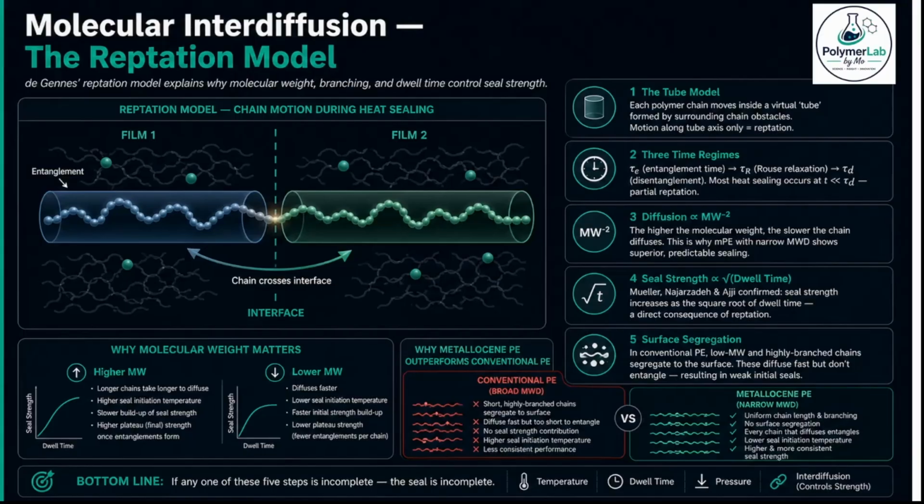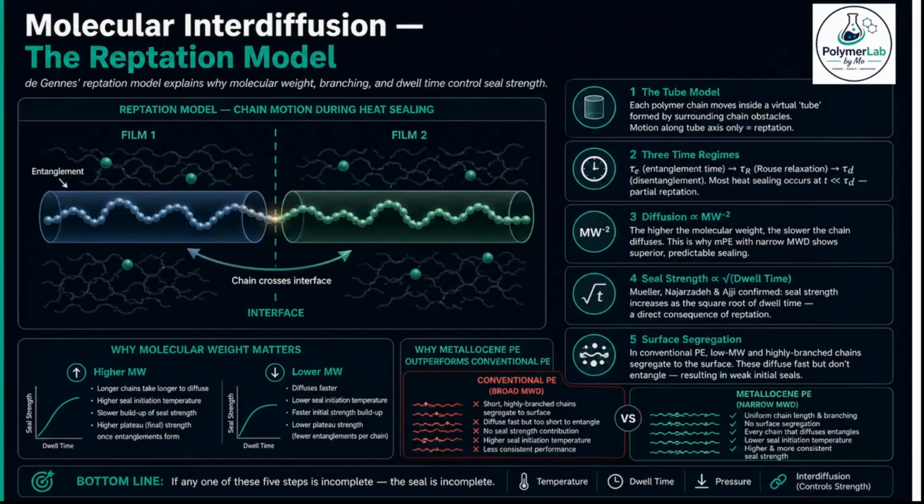There are 3 important time scales. The entanglement time, tau E, is the time for a chain segment to feel the constraints of the tube. The Rouse relaxation time, tau R, is the time for a chain to relax within its tube. And the disentanglement time, tau D, is the time for the whole chain to leave its original tube completely.